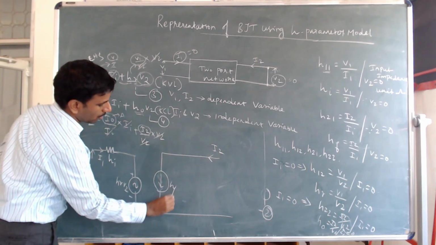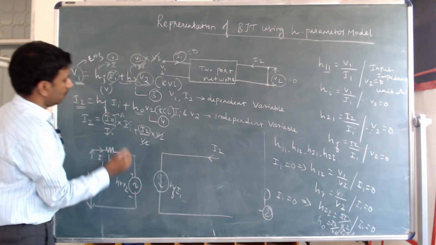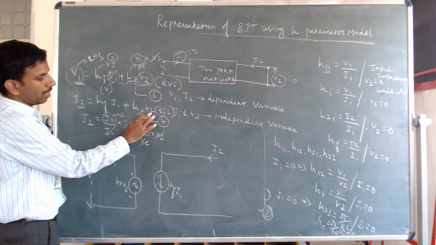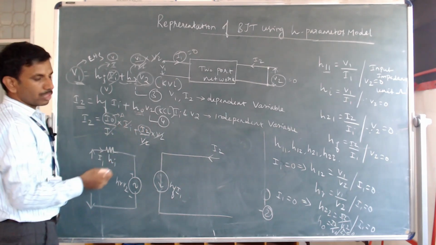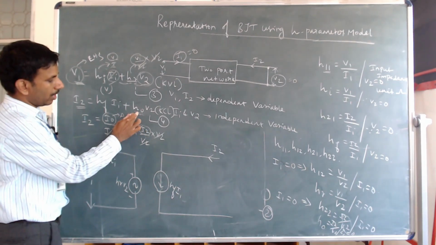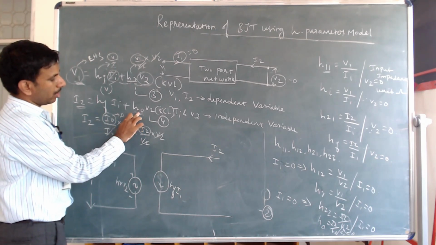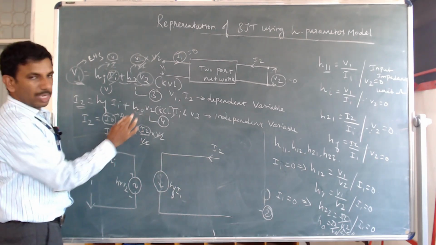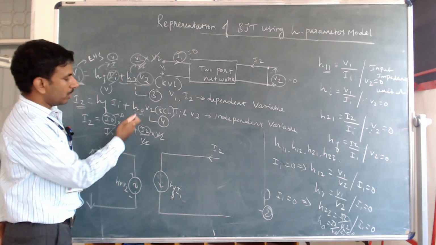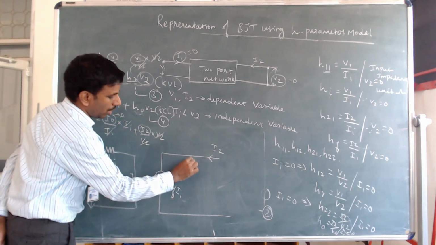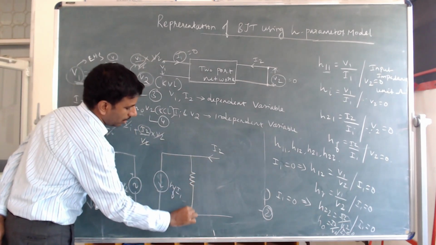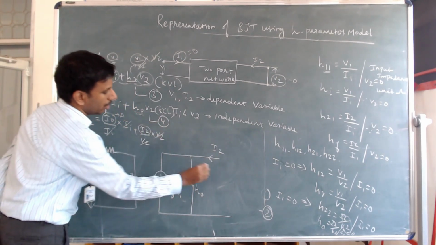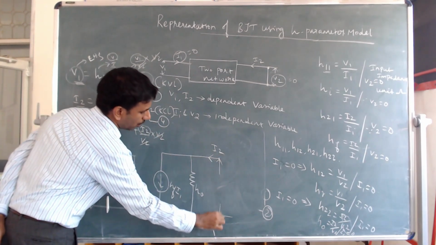So HF into I1 belongs to the first term, and the second term is going to be H naught into V2. H naught denotes the output admittance of this particular circuit. The output admittance means the reciprocal of impedance. The admittance is also represented using a resistance only, so you have to take the resistance in order to represent the admittance. V2 represents the output voltage.